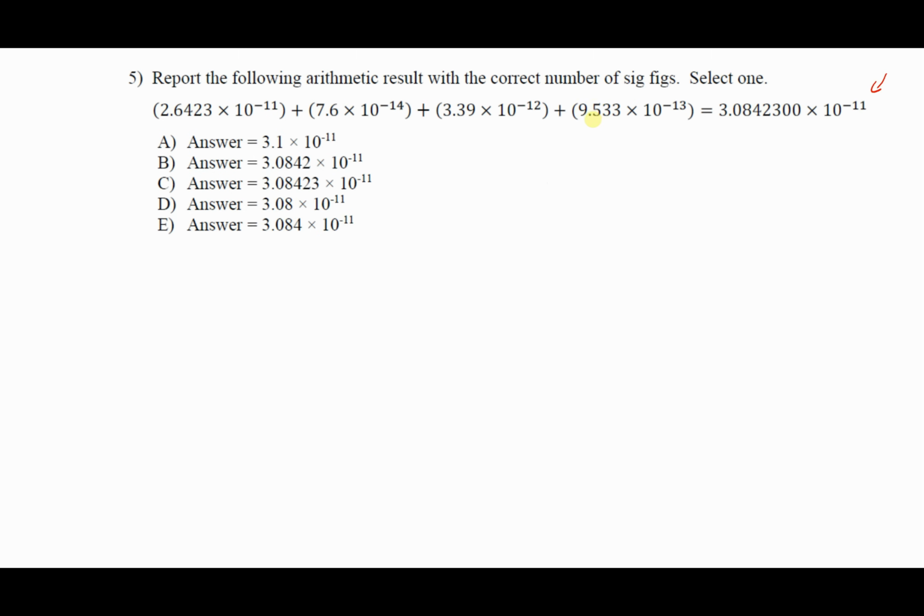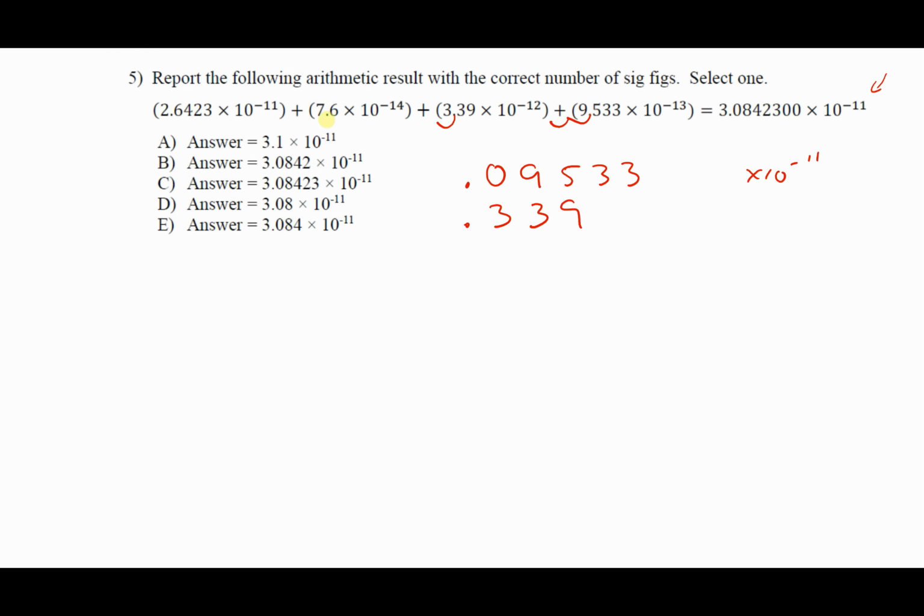So it's smaller than minus 11. So 12, 11 would be like this. So 0.09533 times 10 to the minus 11th power. This is 12, right? So it's 1 smaller. So that would be 0.339 times 10 to the 11th.